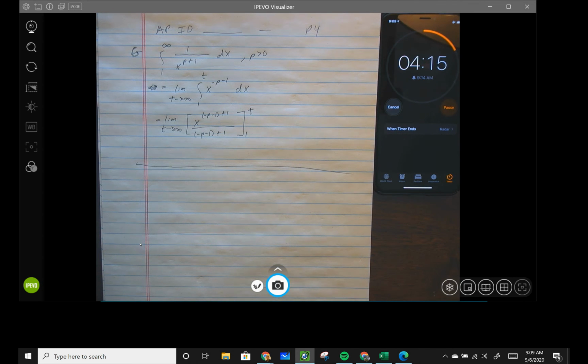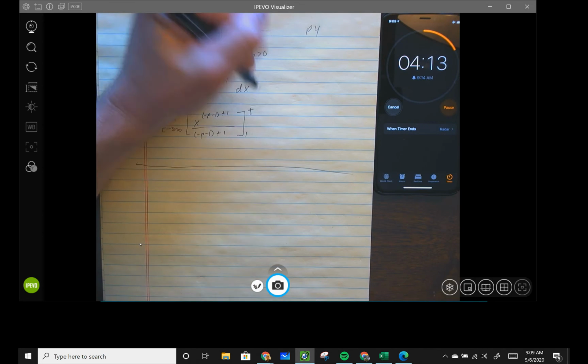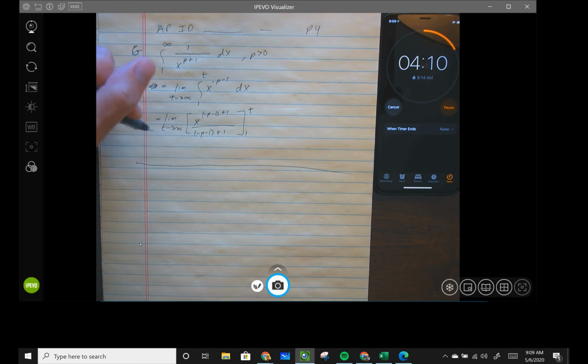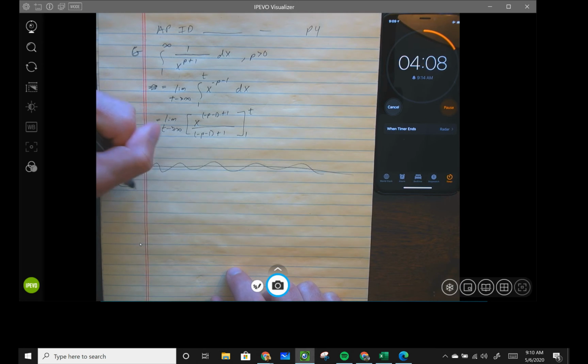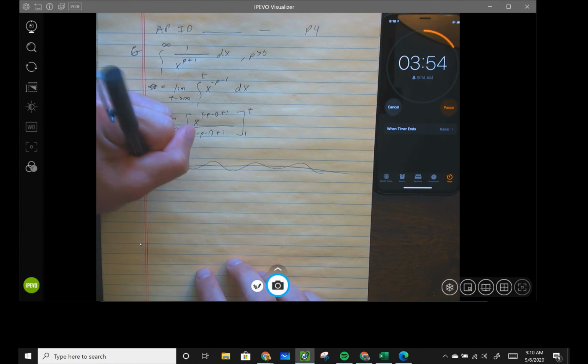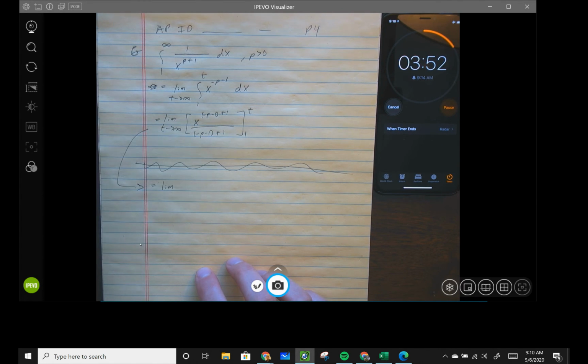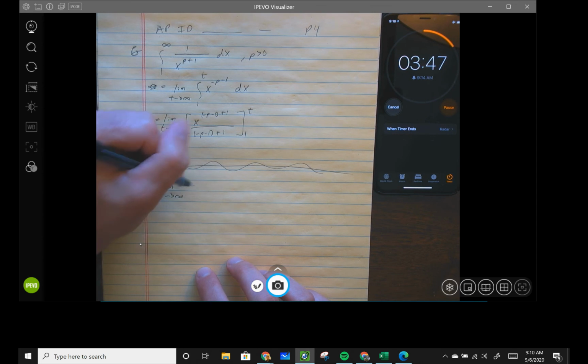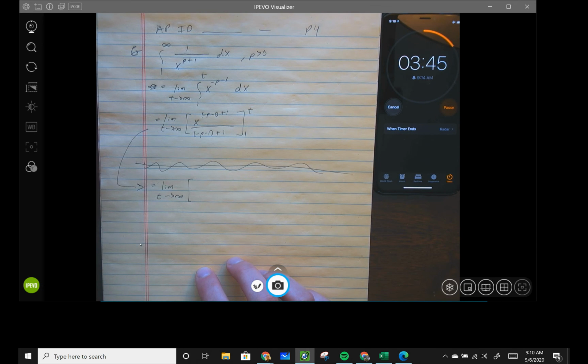Remember, p is a constant, so you're plugging in for x. Okay, so now this equals the limit as t goes to infinity of... perhaps I don't even need to evaluate t yet.